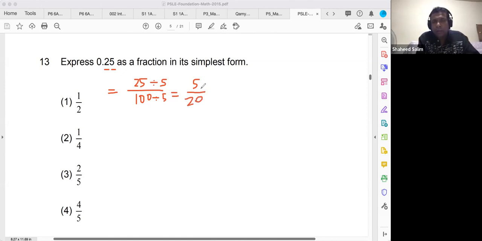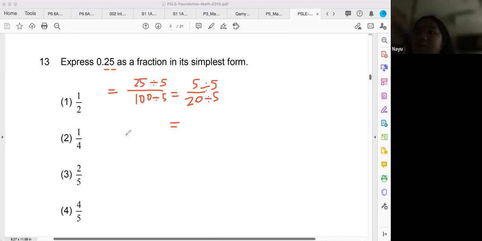Now you can still divide by 5. Divide by 5, what do you get? One out of 4. Well done.